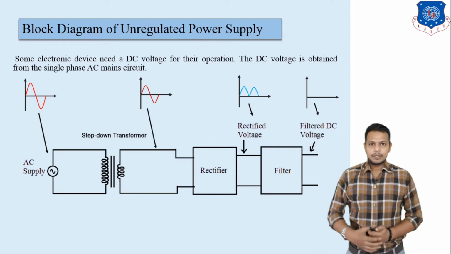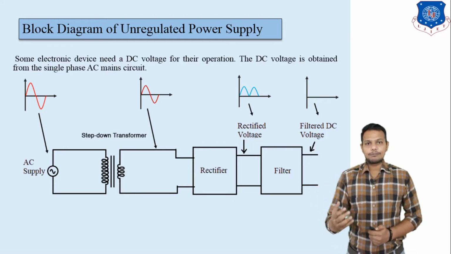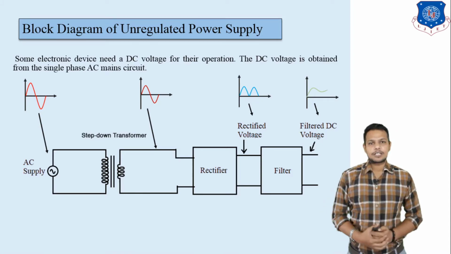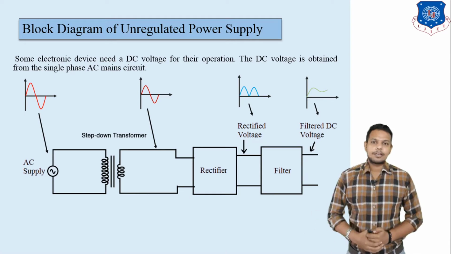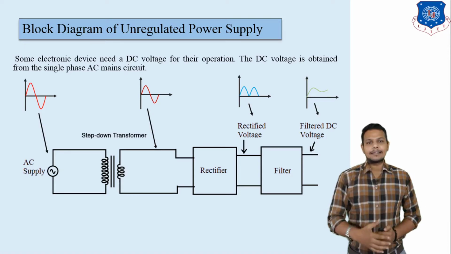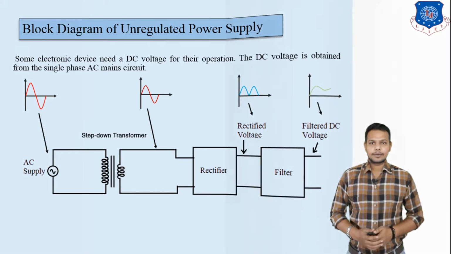Then we have to convert this waveform into a straight line. For that we have to use a filter. This is the final process of AC to DC conversion. In this lecture we are discussing only the rectifier, so you can see in this block diagram the block of the rectifier.